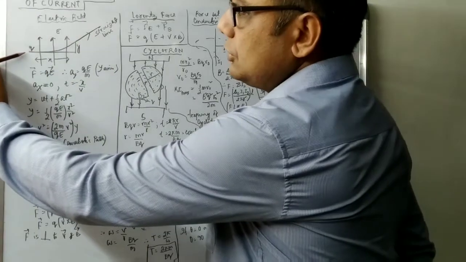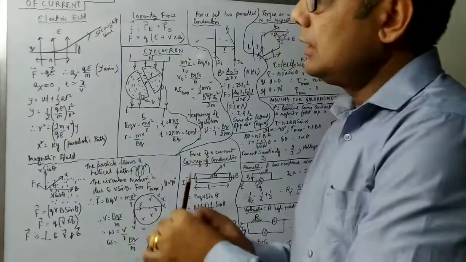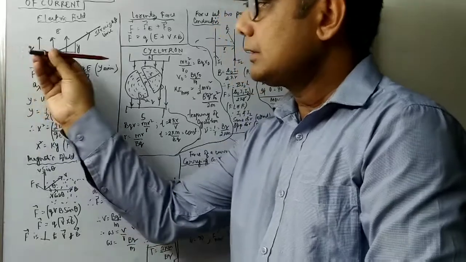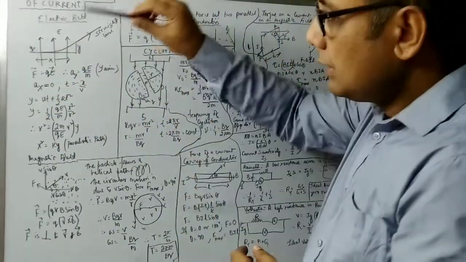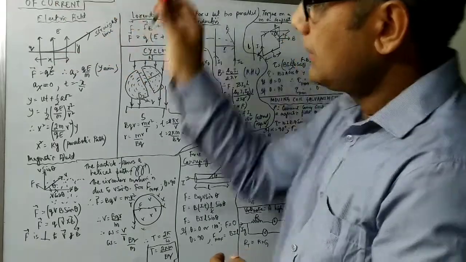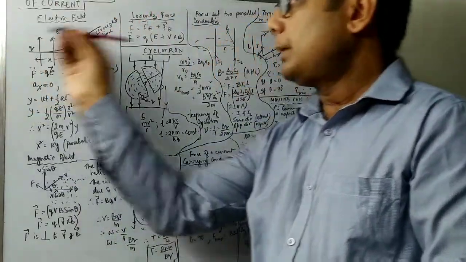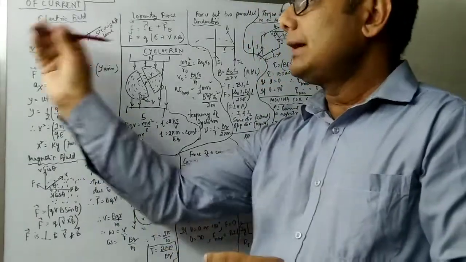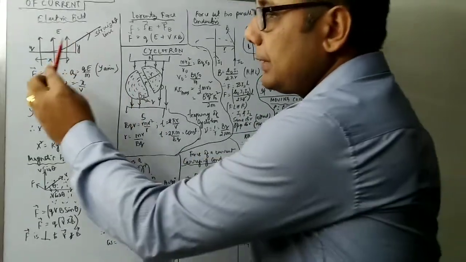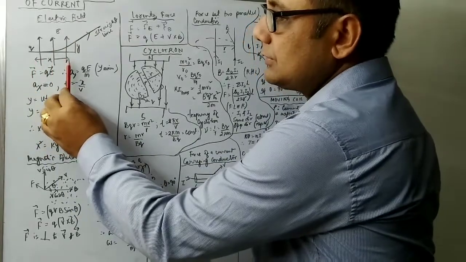Suppose there is a charge Q passing in the horizontal direction along the x-axis. So this is the electric field, and the charge Q is passing horizontally along the x-axis. Suppose at a particular time it covers a distance x.